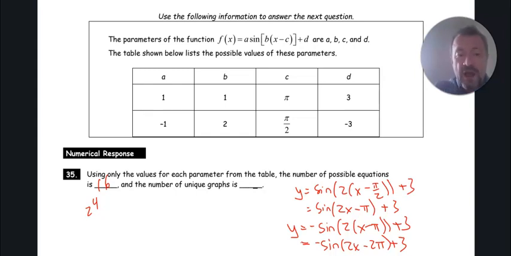Now, remember how sine works. It's going to go up like this. Its period is 2 pi, half of a period is pi. Sorry, I didn't mean to have both of those be negative. The second one here I need to be positive.